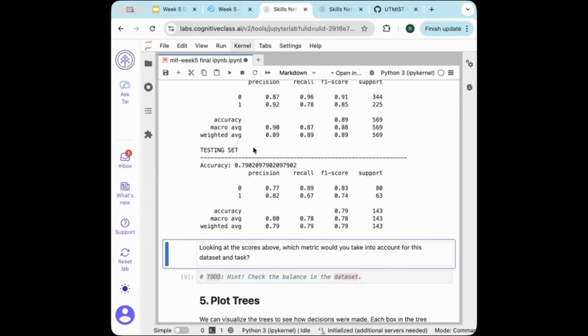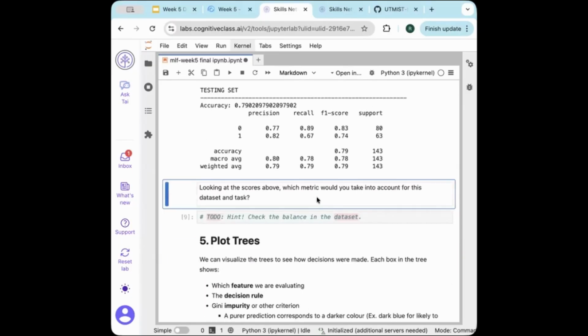So let's get to the question now. I want you to think about this question: looking at the scores above, which metric would you take into account for this dataset or task? I hope you are thinking about it in the meantime.